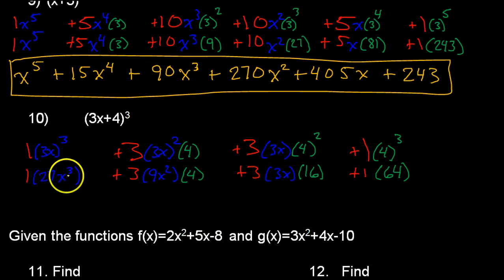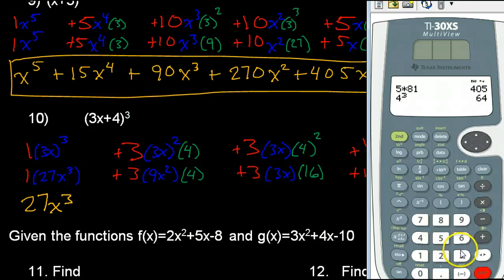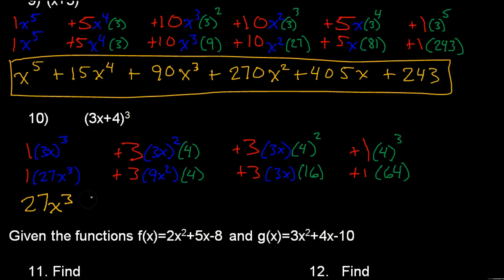Of course, 1 times anything is just itself, so we have our 27x to the 3rd power. Now here we have 3 times 9 times 4. Okay, that's 108. So we can go ahead and do plus 108x squared.